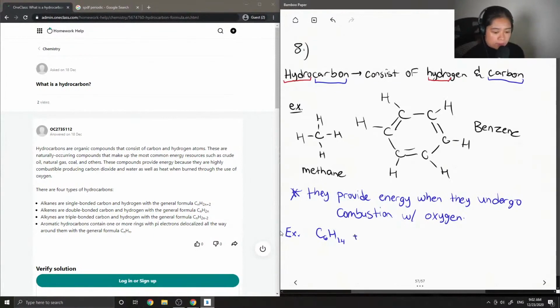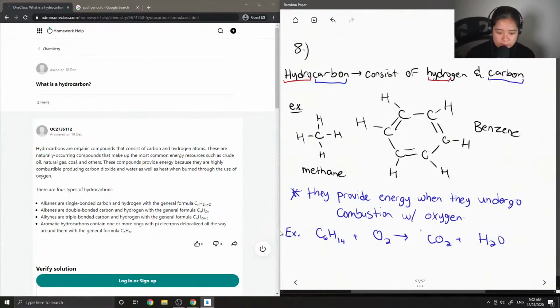And combustion reactions will always have oxygen as a reactant, and the products will be CO2 plus water. Okay, so now to balance this reaction, I'll balance my carbons first. So there are 6 carbons on our reactant side.